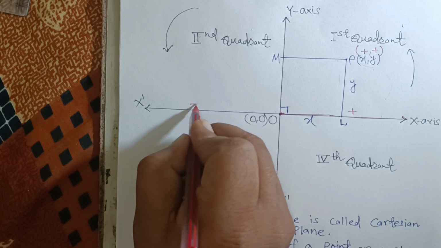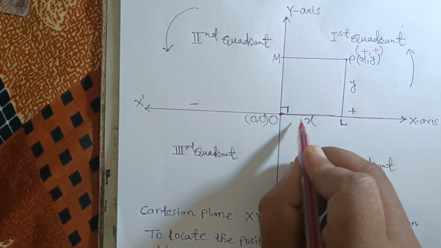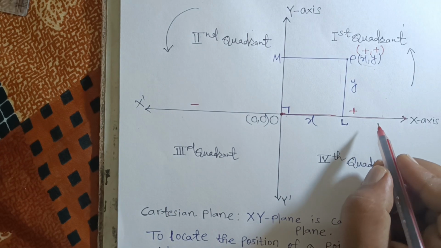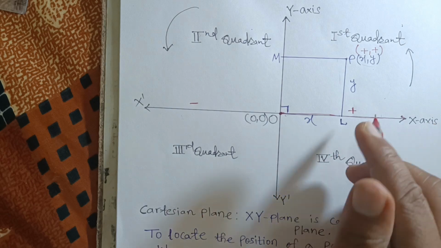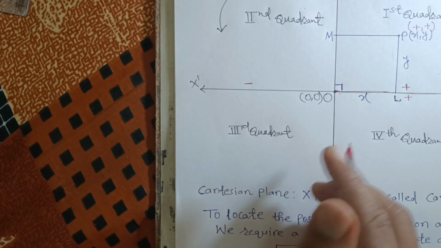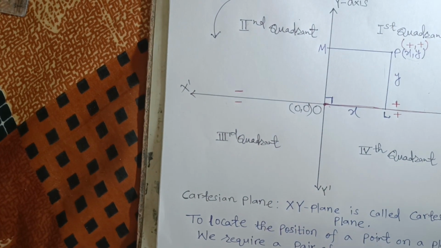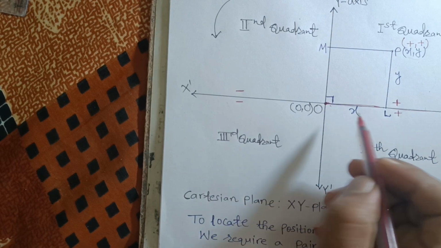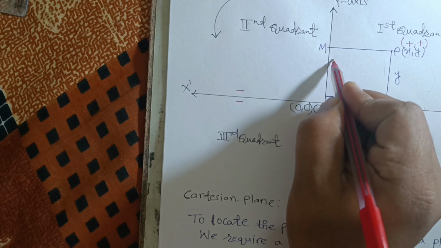Left is taken as negative, minus. This part is positive. Right side of the origin, x part of x-axis, is positive; left side of origin is negative. Similarly, above x-axis, part of y-axis is positive.